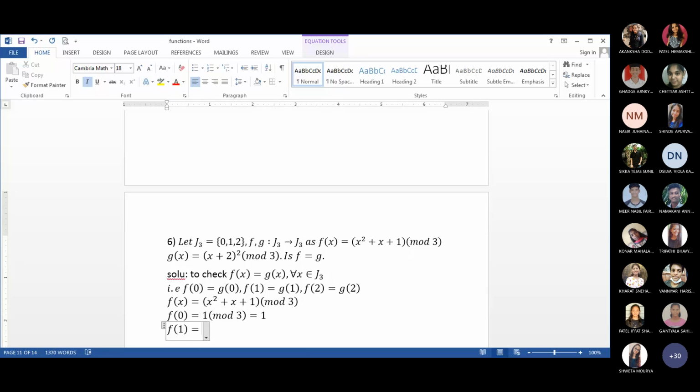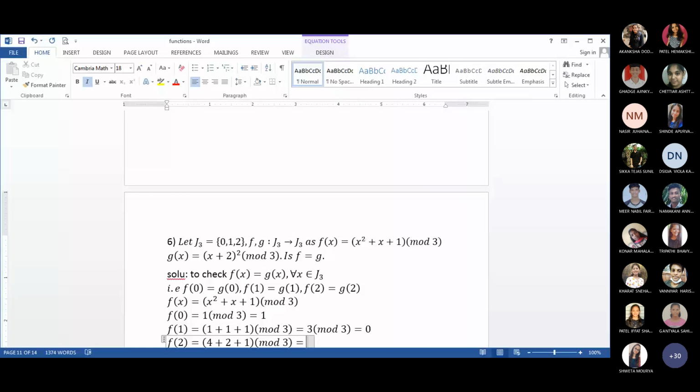1. f of 1, what will be my f of 1? I will put x as 1, so that is 3 mod 3, which is 0. f of 2 is what? 4 plus 2 plus 1.